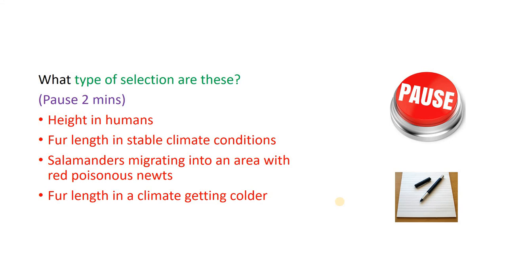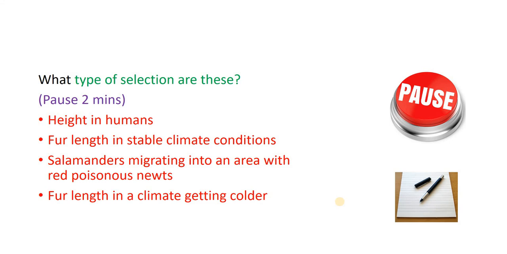Hopefully you reached for your pause button and got your pen and paper busy. Height in humans, well, it's a bit like mass of babies in humans. So average sized humans are favoured. There are health conditions associated with very tall or very short, extremes of height in humans.